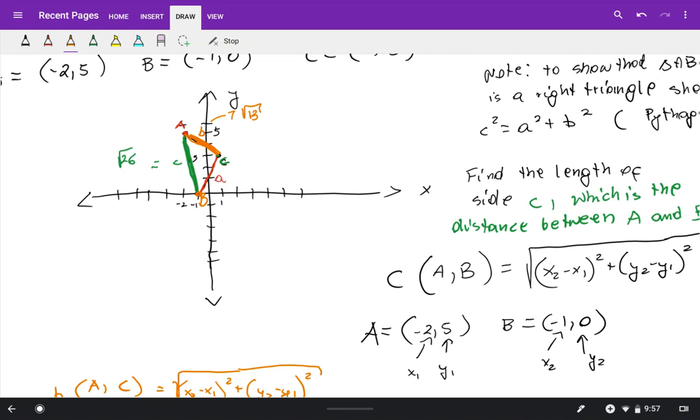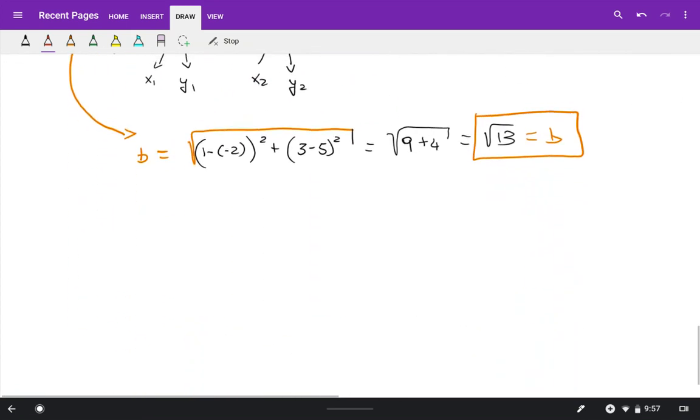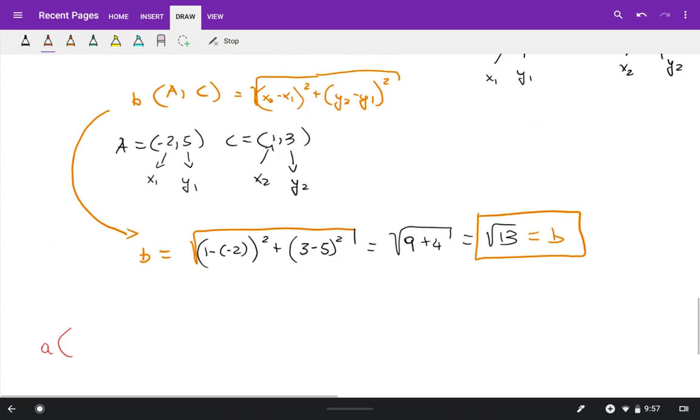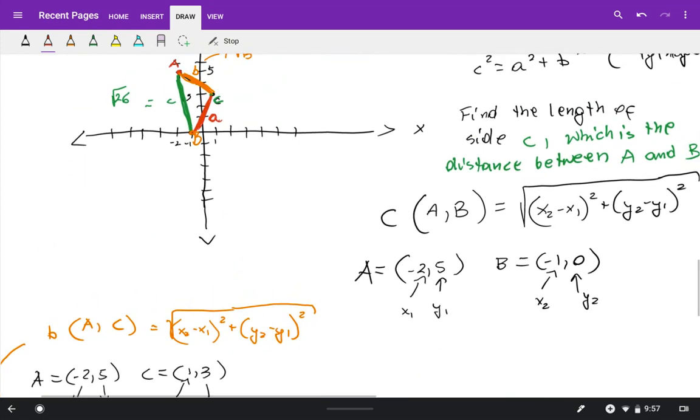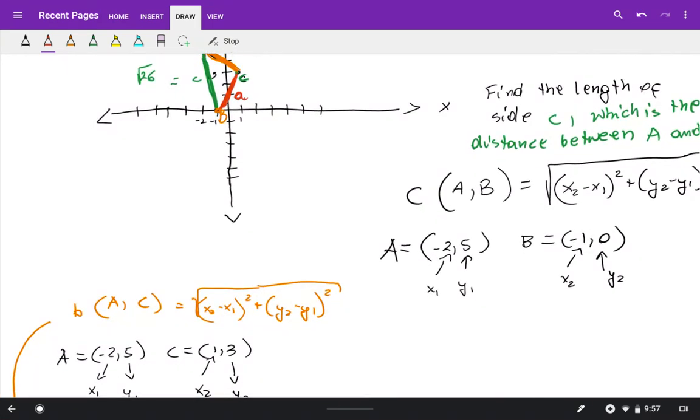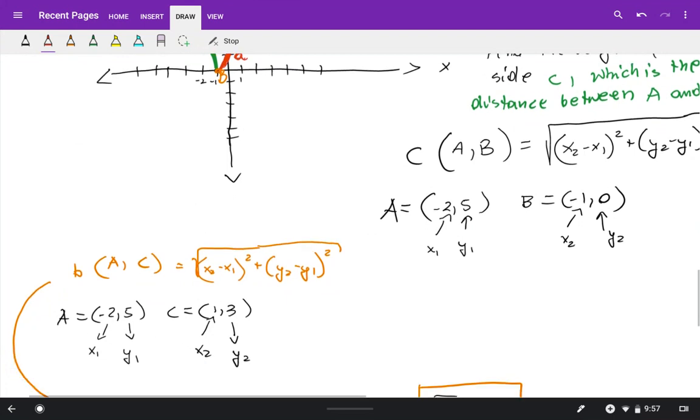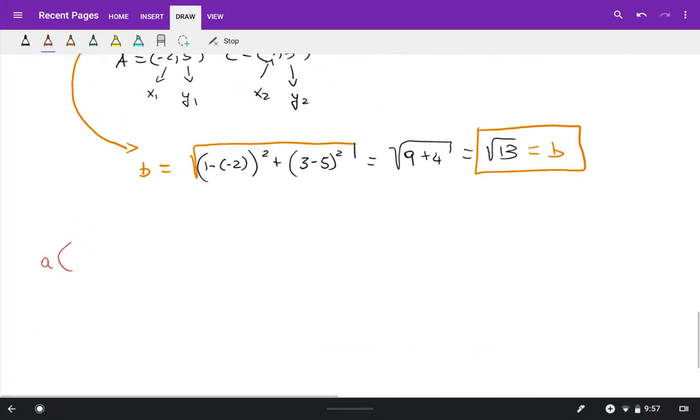And the last one we're trying to find is the length between points B and C, which is our side a from the Pythagorean theorem. So I'm going to find the distance between points B and C, which will give me the length a. It's the distance between points B and C, or you can put C and B; the order doesn't matter.